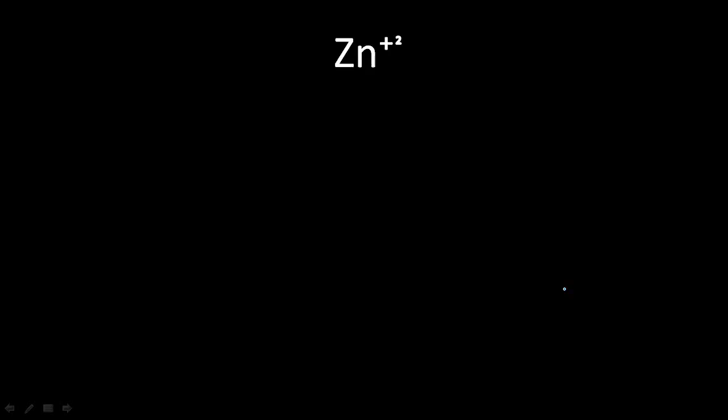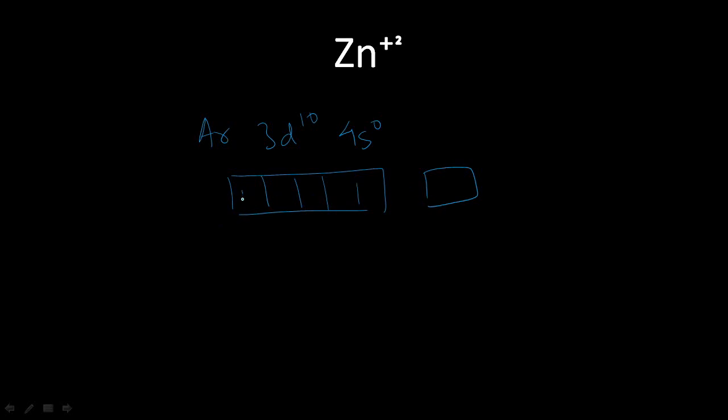So the next slide will be Zn2+. If we write the electronic configuration, it is argon 3d10 4s0. From the orbital diagram, filling of orbitals, it looks like this.